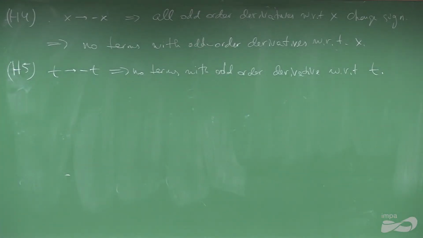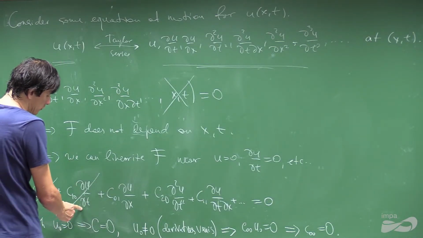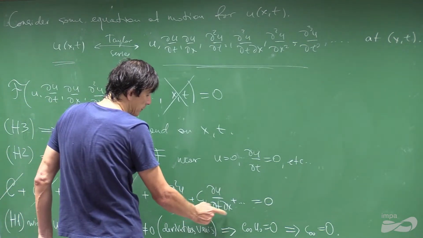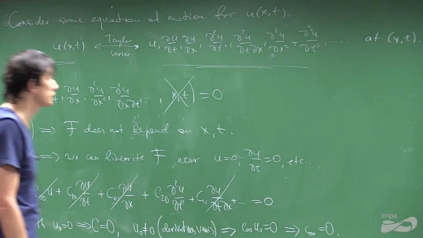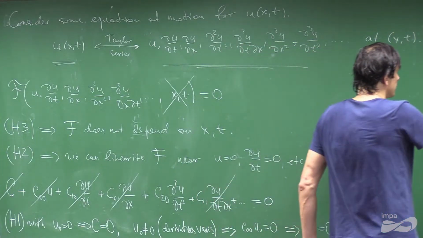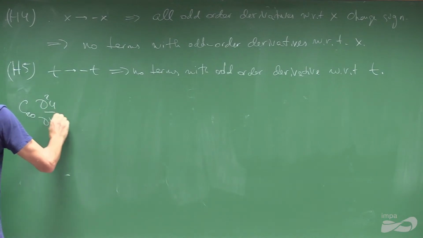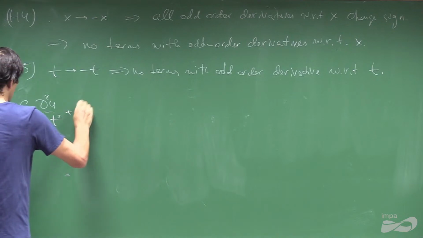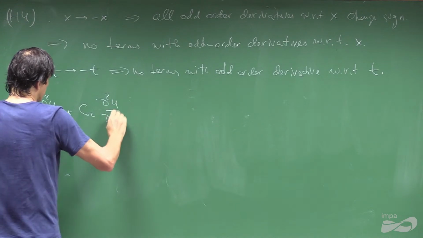So it's already a much simpler system. This term cannot appear: there is a first order derivative with respect to time. This cannot appear, first with respect to x. Here, first time and first x, so it certainly cannot appear. So we removed many terms. What is left is C20 second derivative with respect to time, plus C02 second derivative with respect to x.